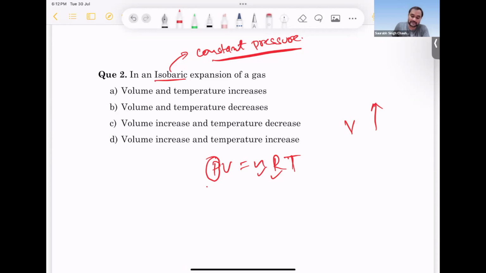So volume and temperature both should increase. But the last option is also the same, so both are correct. Mistakenly, both options are the same. I hope this is clear.